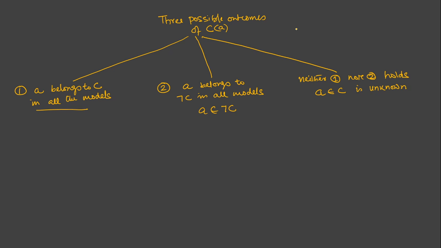So that is what we do in the open world assumption. If we cannot say for sure that a belongs to C in all the models or a does not belong to C in all the models, then we cannot really say for sure whether a belongs to C or not. So we have an unknown state, unknown truth there, right?